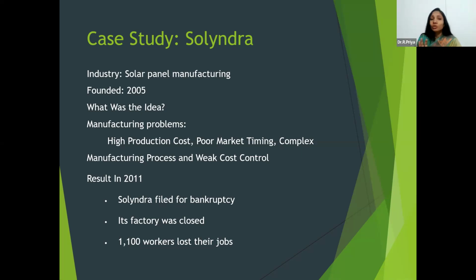Its factory was closed, so around 1,100 workers lost their jobs. Just think about what the loss to our society is. The technology was not properly used, so the 700 or 800 million dollars is a total waste. Apart from that, the lives of 1,100 workers are a question mark, right?